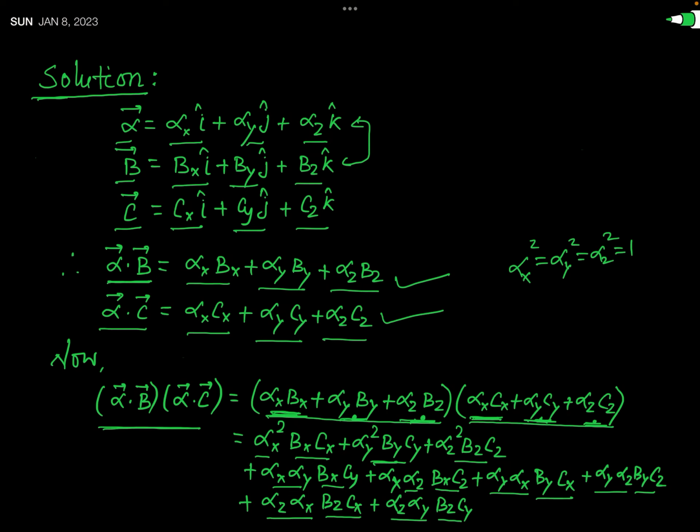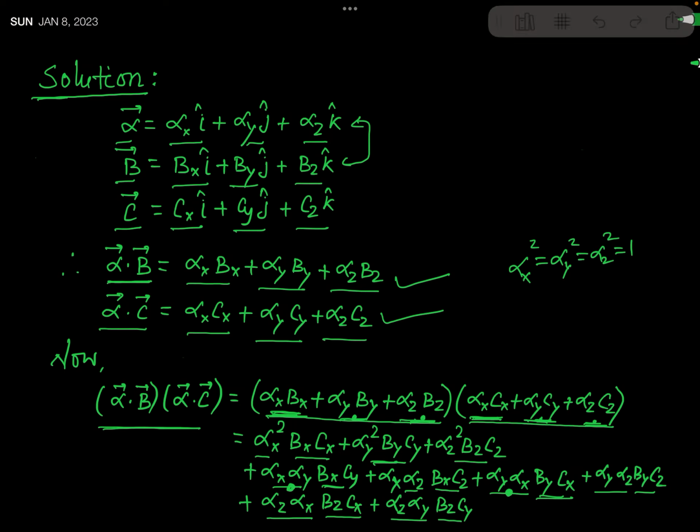Here there is alpha x alpha y. I am marking it by a dot. And you can see in this term which is marked by this dot, there is alpha y alpha x, but you have seen that alpha y alpha x is equal to minus alpha x alpha y. So this will be taken as a common factor, and then the remaining term will be bx cy minus by cx. Are you getting the things or not?